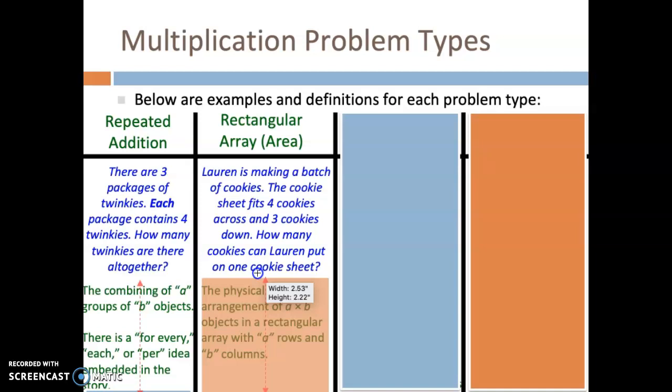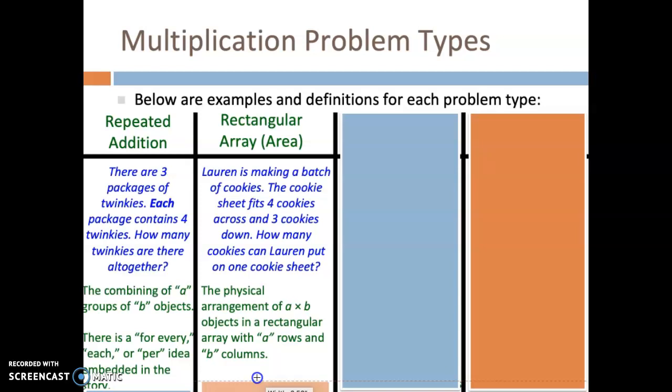Okay, I'm going to suggest you take a deep breath, and this is when I'm going to remind you to put yourself in young children student mode with your brain. Right? The physical arrangement of A times B objects in a rectangular array with A rows and B columns.